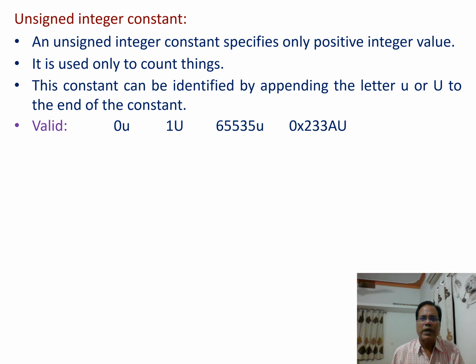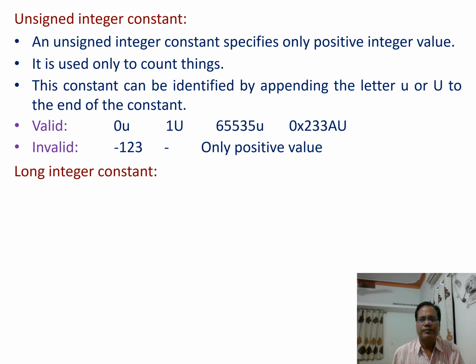Valid unsigned integer constants are like these: 0u, 1u, 65,535u, or 0x2033au. An invalid unsigned integer constant is minus 123, because only positive values are represented in an unsigned integer constant.